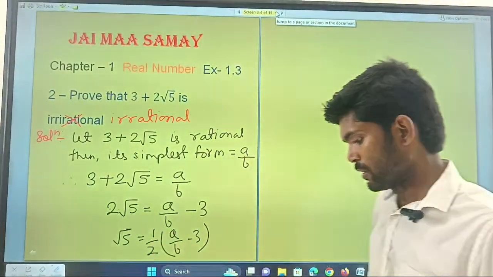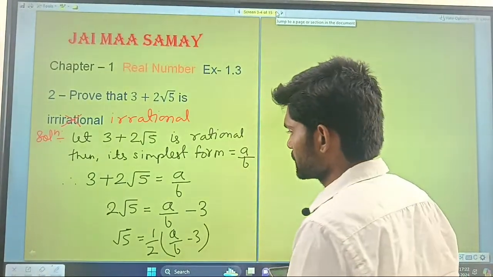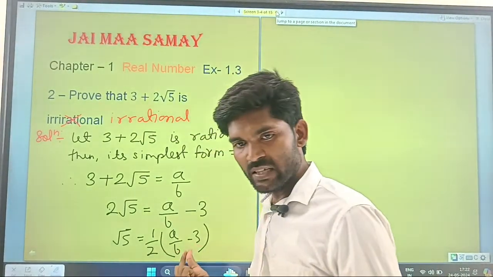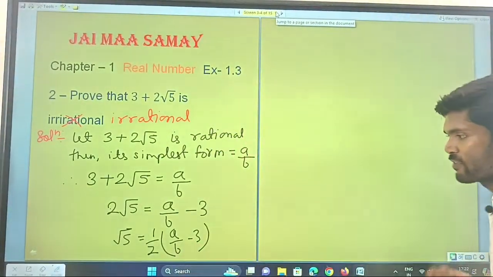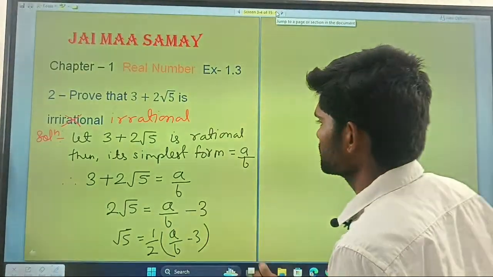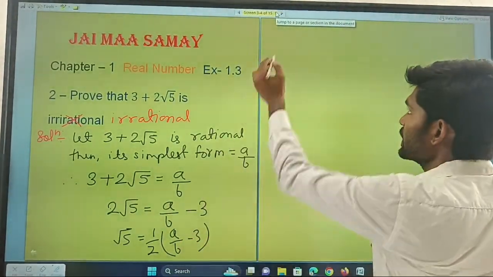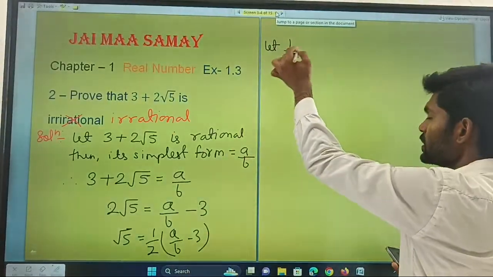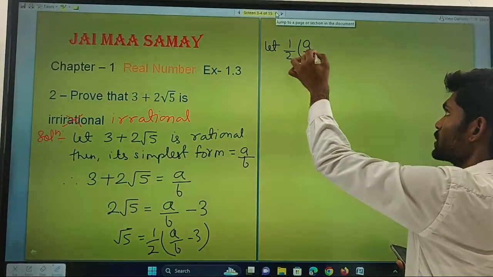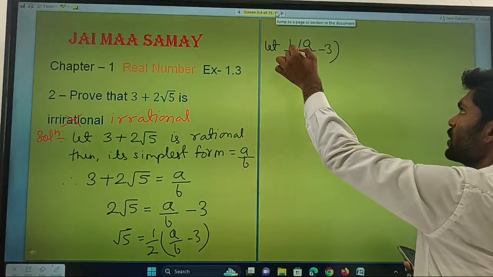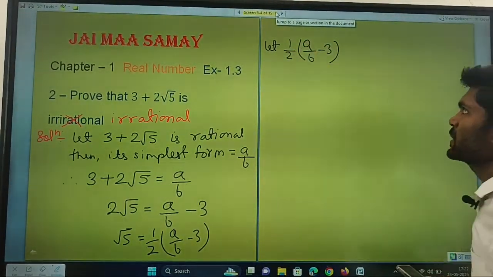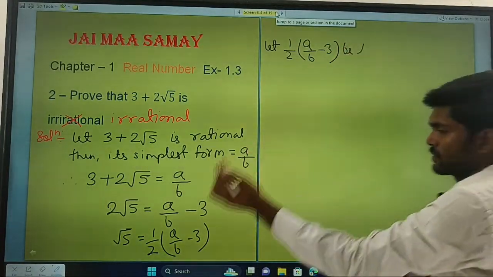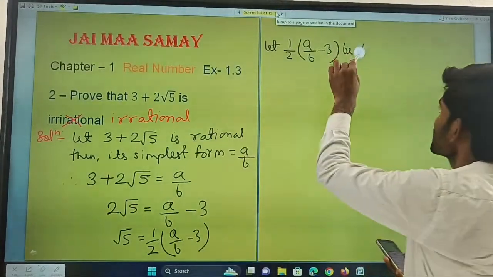Here we know a difference of rationals is rational, so let 1 upon 2 bracket a upon b minus 3 be rational.